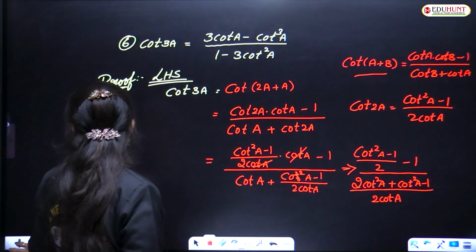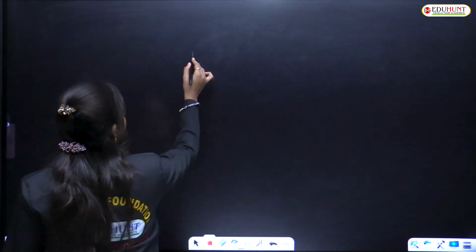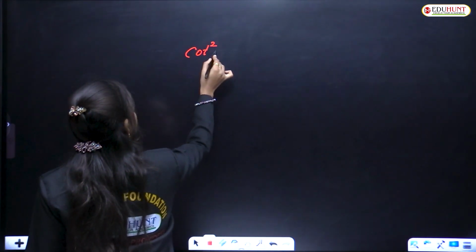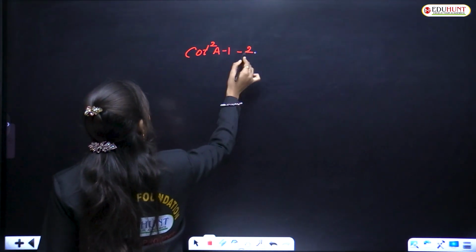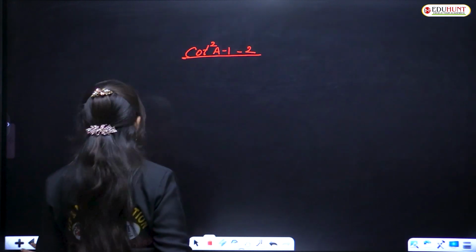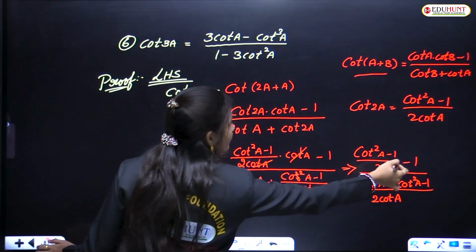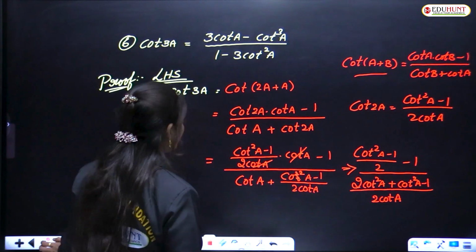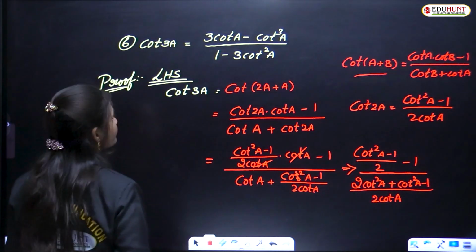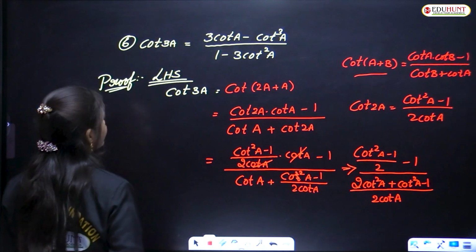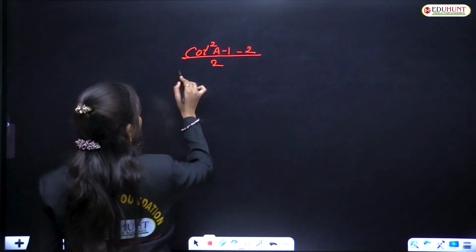So cot square A minus 1 minus 2, by cot square A minus 1 into minus 1. 1 into 2 is equal to minus 2 only, no? Whole by 2.